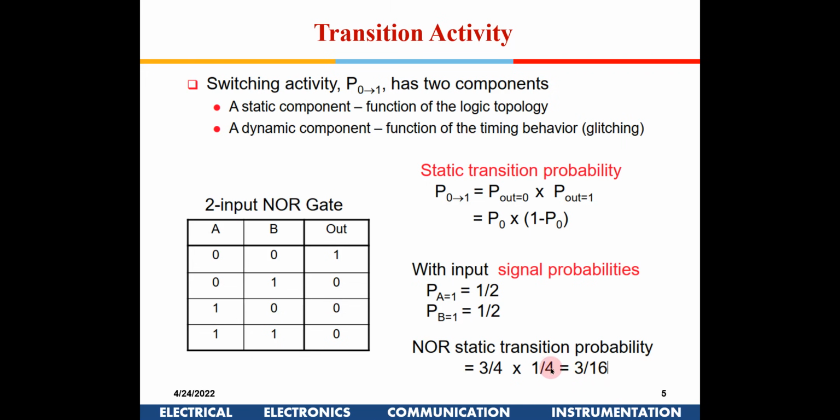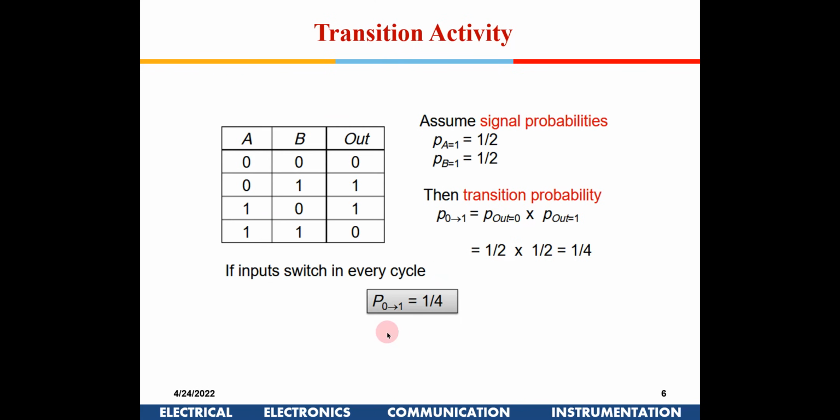Hence it is more realistic to put this figure along with the C VDD square F equation. That is the reason we calculate this. This is how we calculate the transition activity. Is this clear to all of you? Aditya, is it okay? Yeah. Okay.